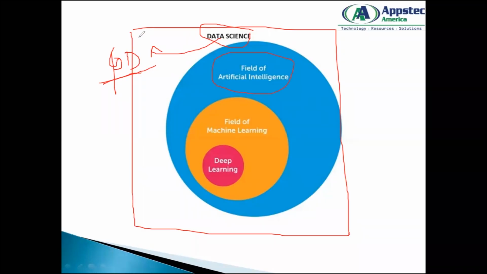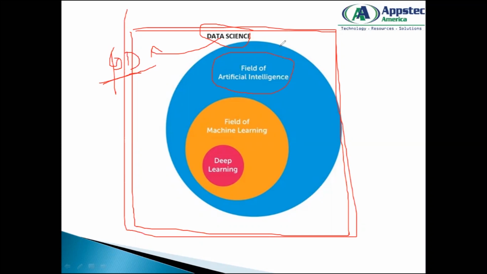So data science is my entire world, out of which, let's say, 9% of the analysis is contributed by or falls under the field of artificial intelligence, or AI. Now, what is AI? We discussed what artificial intelligence is last time, right?